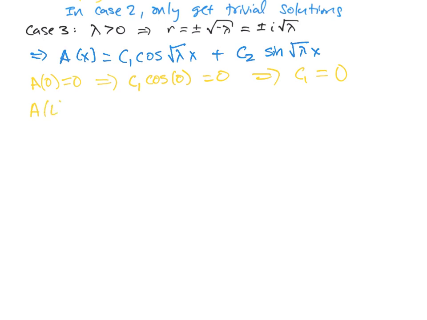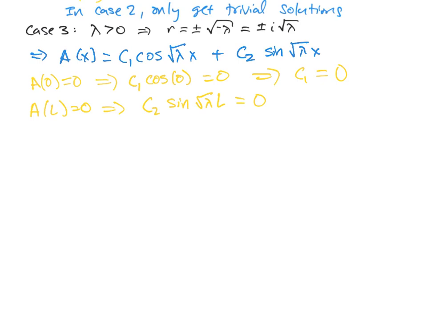And a of L equals 0 will imply c2 sine of square root of lambda L equals 0.